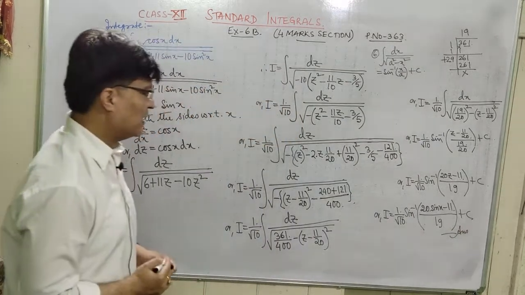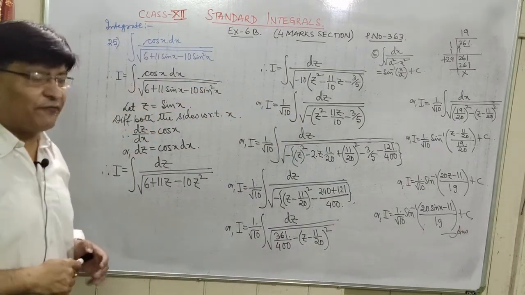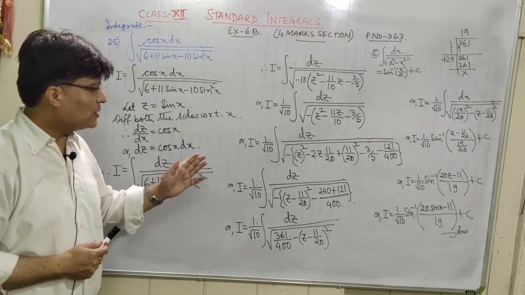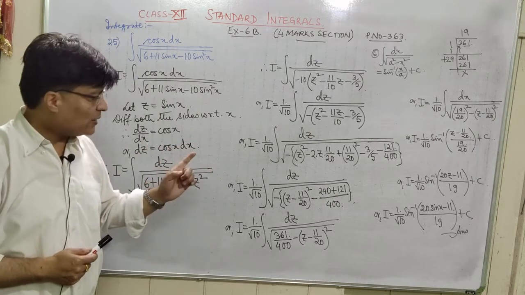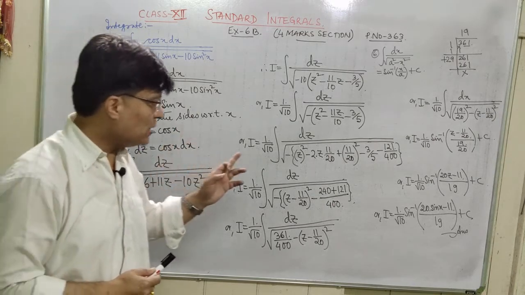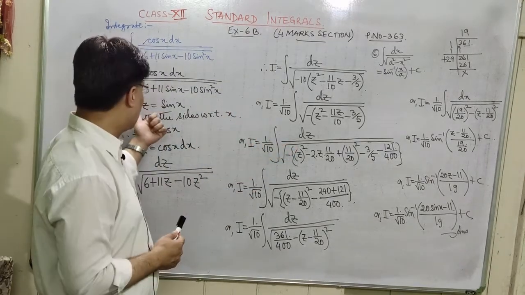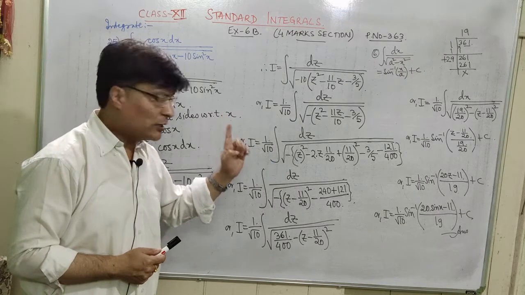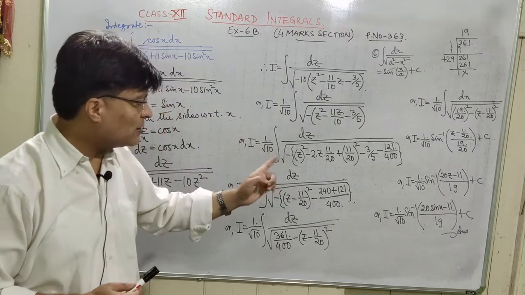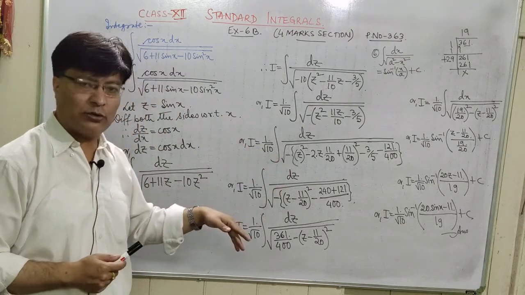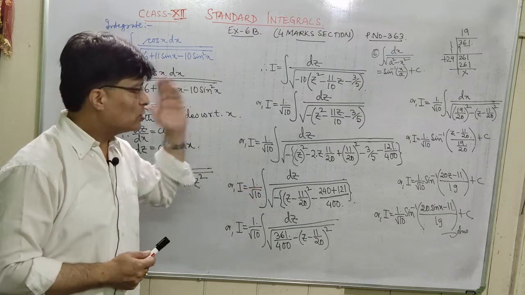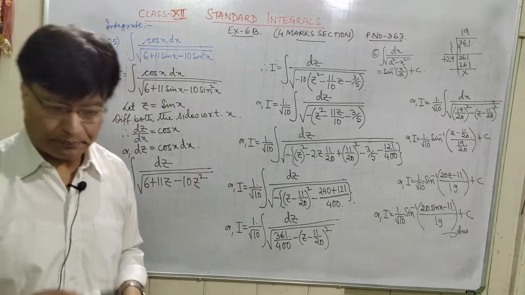So this is the final answer. So what is the final answer out here? I is equal to 1 by root 10 sine inverse within bracket 20 in place of z. You have to write down the value for z, that is z is equal to sine x. That is in the numerator we have 20 sine x minus 11 whole divided by 19 bracket closed plus c. So that is the final answer.